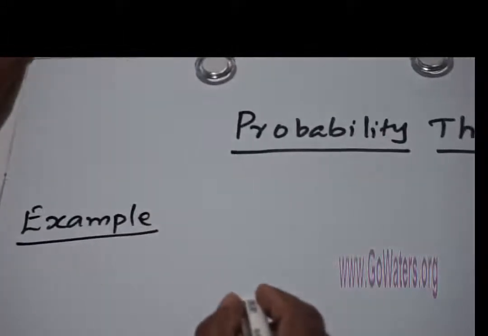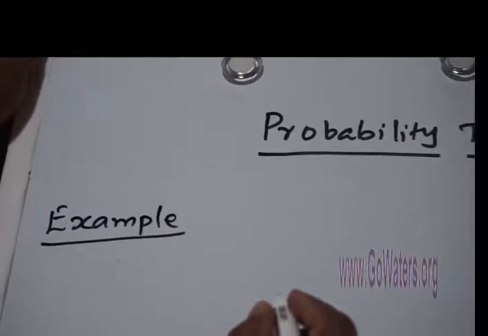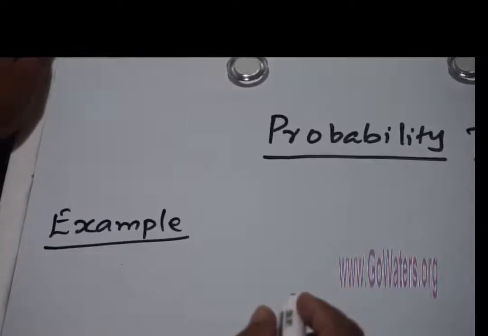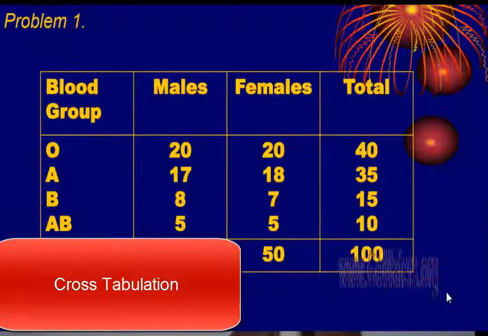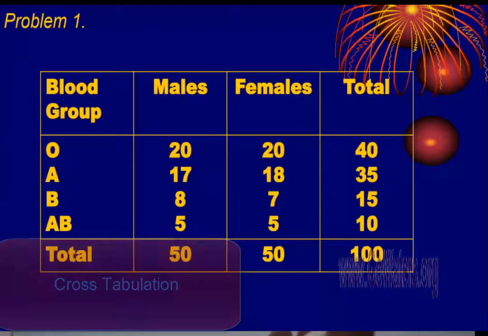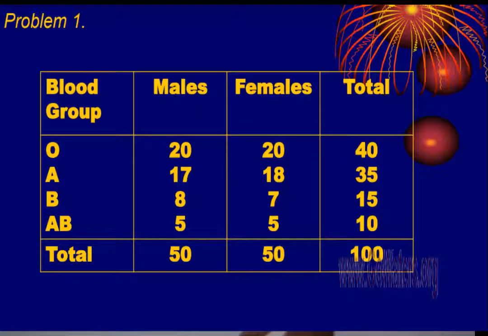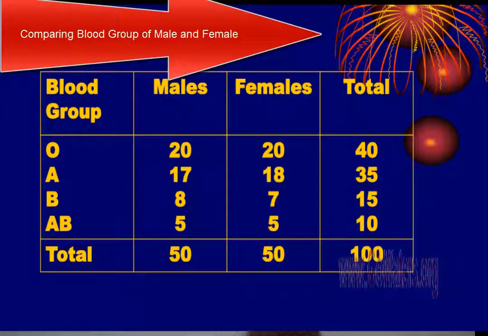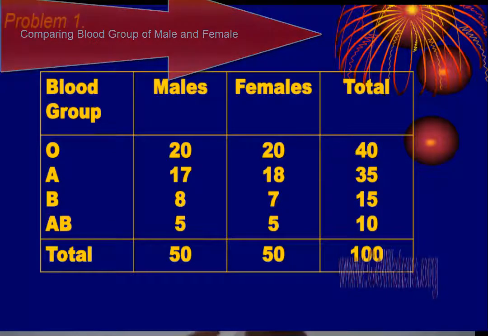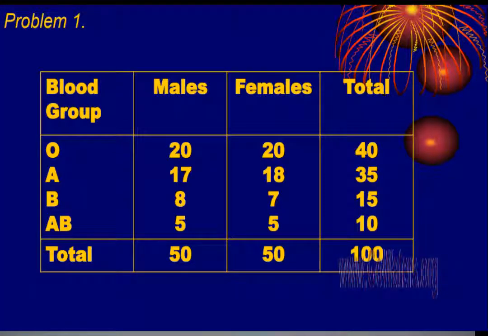Example. So now you look at this problem. This is what we call cross tabulation. We are comparing the blood groups O, A, B, AB with male and female in a classroom setup, and the number of blood group O males is 20 and blood group O females is 20.